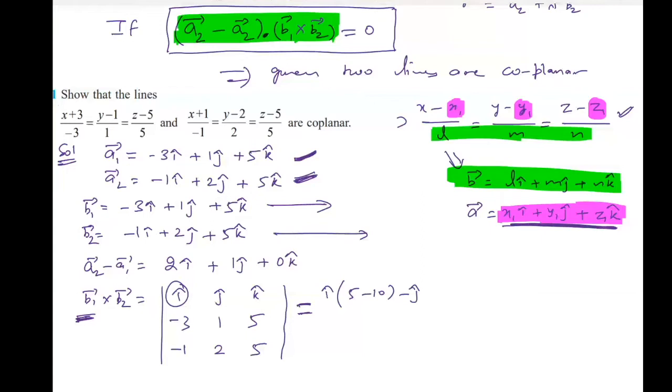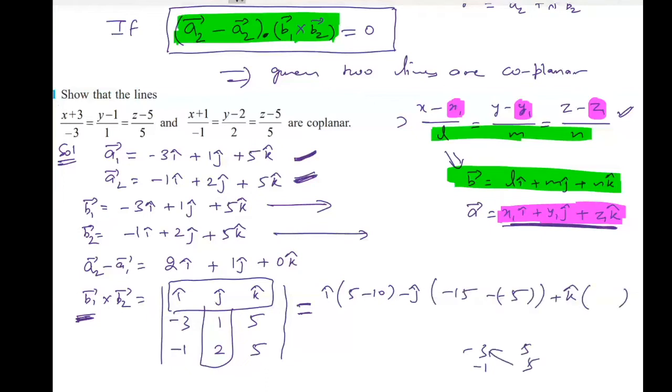So we are left with minus 3, minus 1, 5, 5. Cross multiply: minus 15, minus 5, and in between we have to put a minus sign. Then k cap, and these two will be omitted. So this is minus 6 and this is minus 1, and in between we have to put a minus sign. Is this clear? Now just solve it.